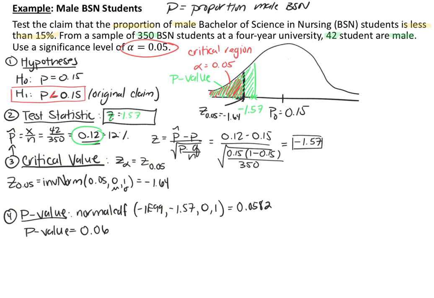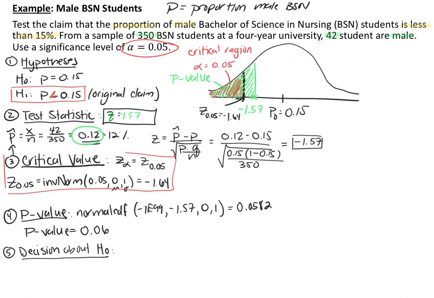All right, so now let's make a decision about the null hypothesis. The null hypothesis is that p is equal to 0.15. I'm going to show you 2 methods. Let's first start with the critical value method, which I'm going to block here in red.